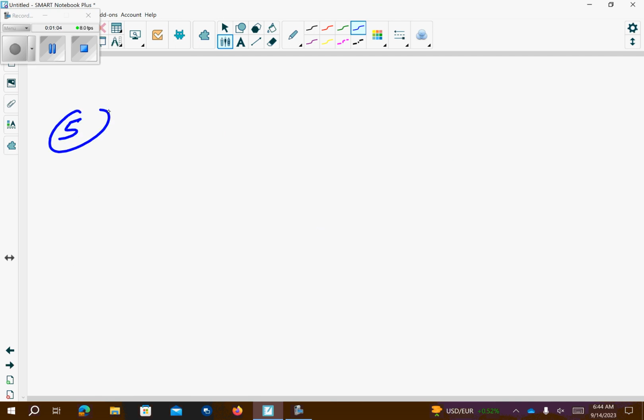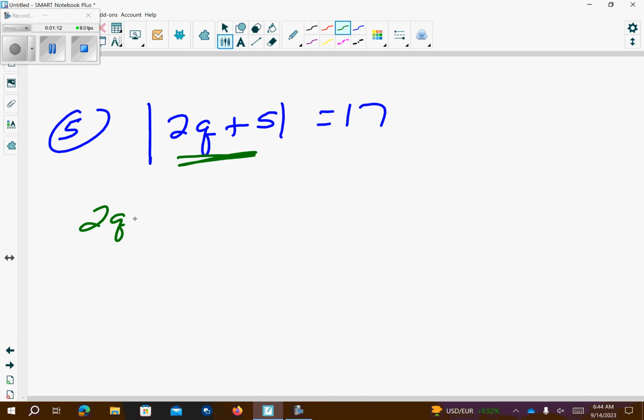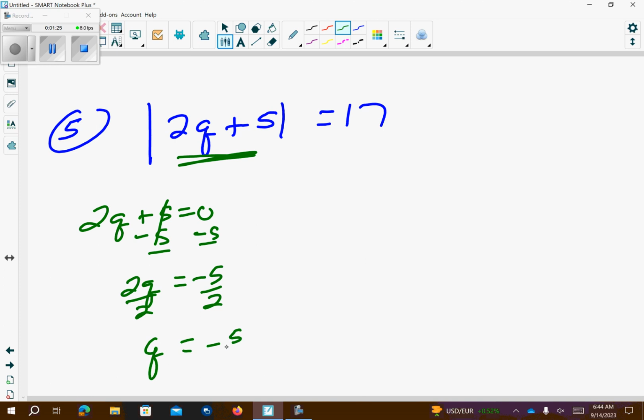Number 5, we have the absolute value of 2q plus 5 equals 17. So first thing is I'm going to take this and set it equal to 0. So I'll subtract 5, those cancel, so I get 2q equals negative 5, divide by 2, divide by 2. So q is equal to negative 5 halves, or I could say negative 2.5, just divide that on a calculator.